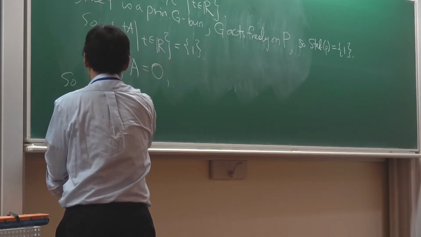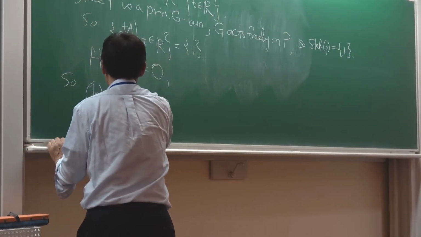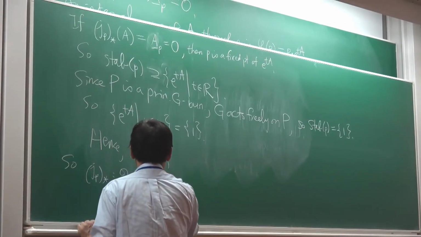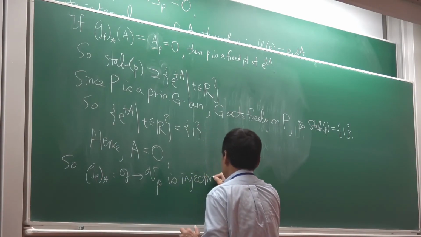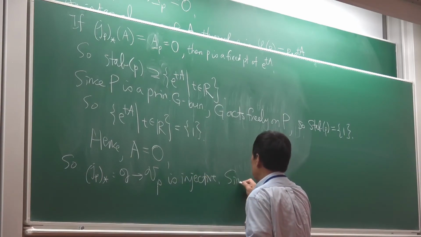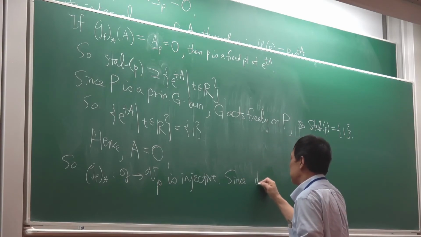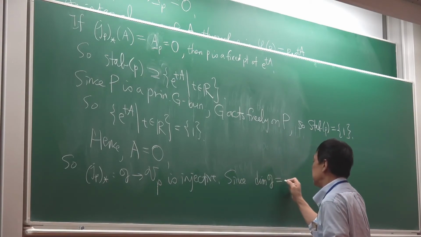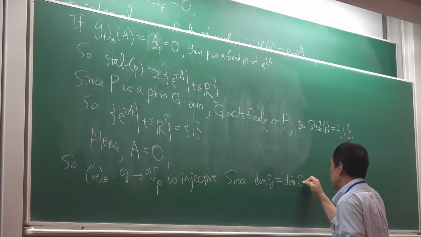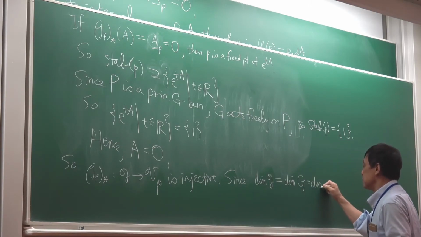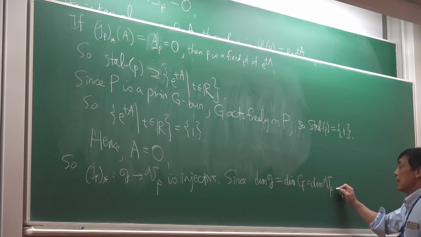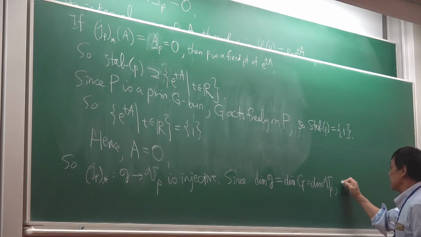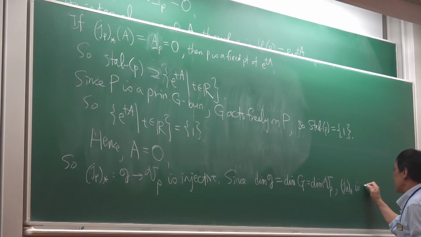So JP lower star from G to VP is injective. And since the dimension of G is equal to the dimension of the V group, and that's the dimension of the fiber, JP lower star is an isomorphism.